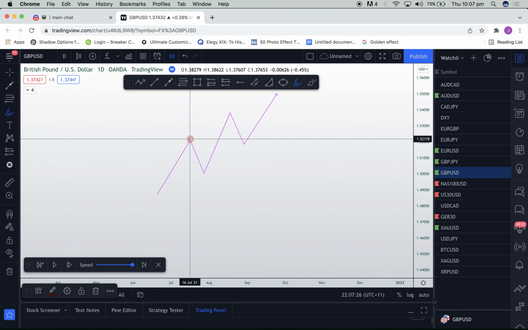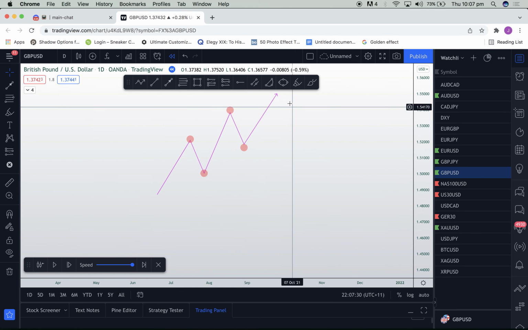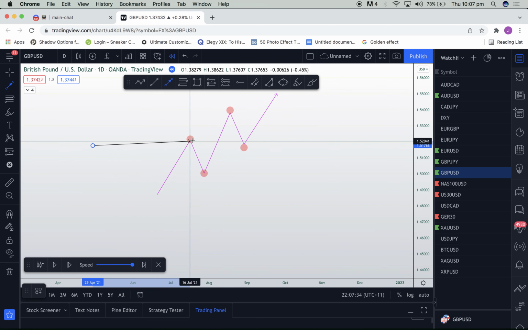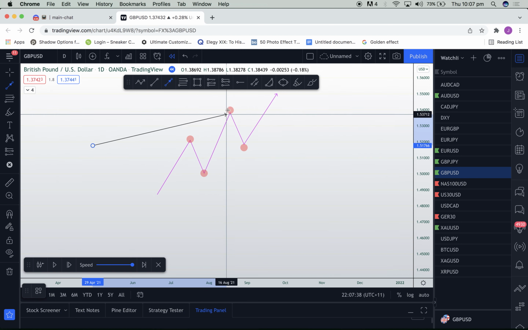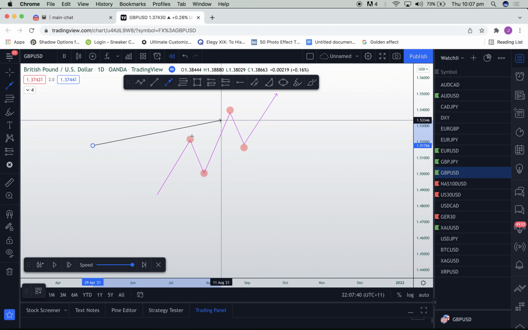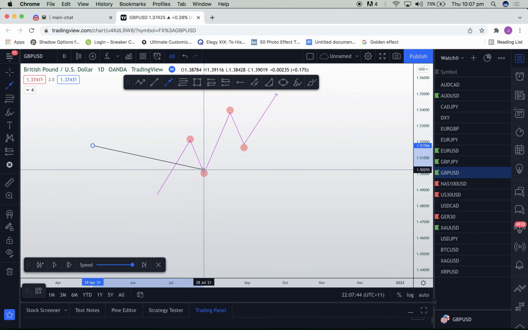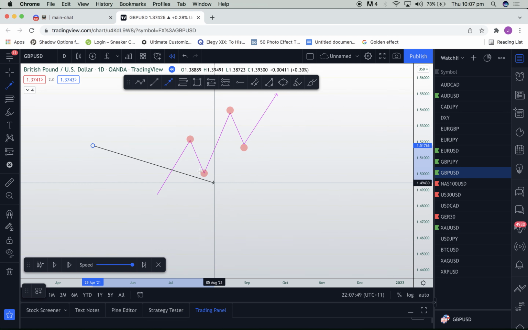Now, I'm going to draw these dots at these higher highs and higher lows. This does not become a higher high or a higher low until a new one is formed. Hopefully that makes sense because, how do you know this is a higher low if it doesn't get above this high? It could just go straight through.